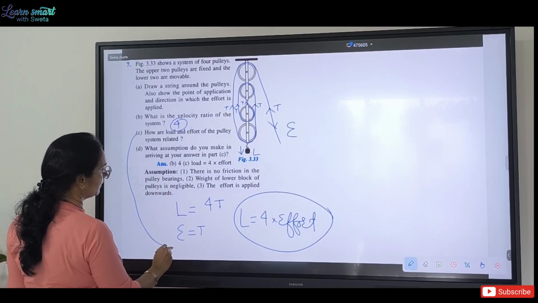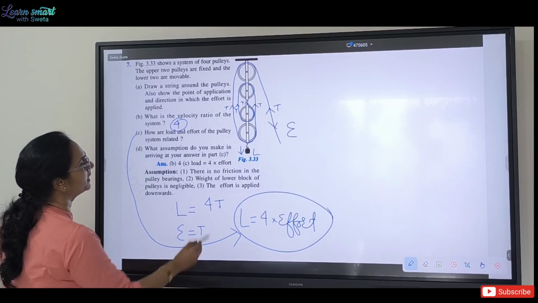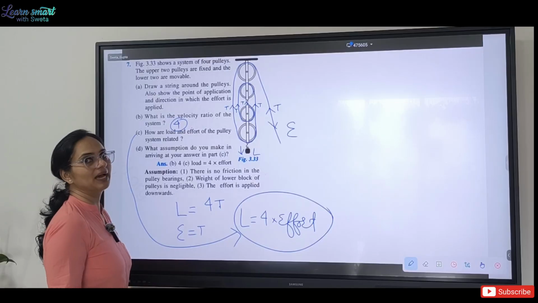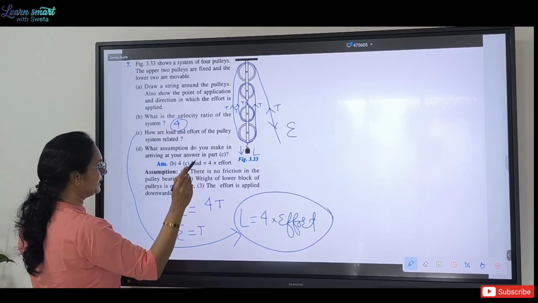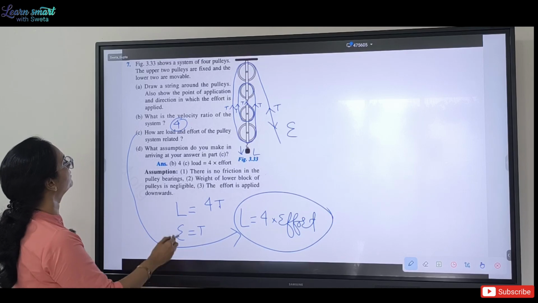Load is balanced by 4 tensions and effort is balanced by 1T. So we can write load is equal to 4 into effort.